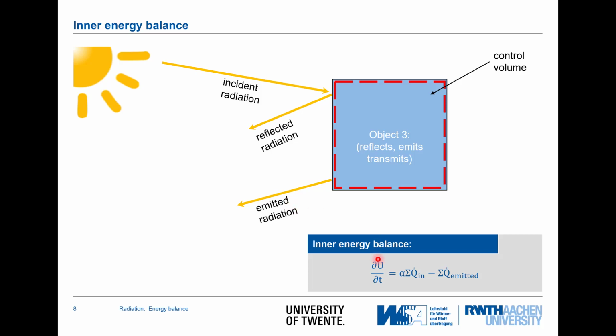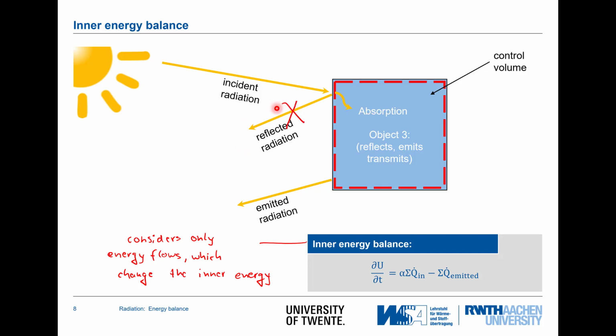The energy balance only counts what is changing the inner energy, and in this case that is absorption. So, as I said, the inner energy balance considers only energy flows that can change the inner energy, and as such reflected radiation is not part of that, so that goes away, and I only count absorption as coming in and emission as going out.